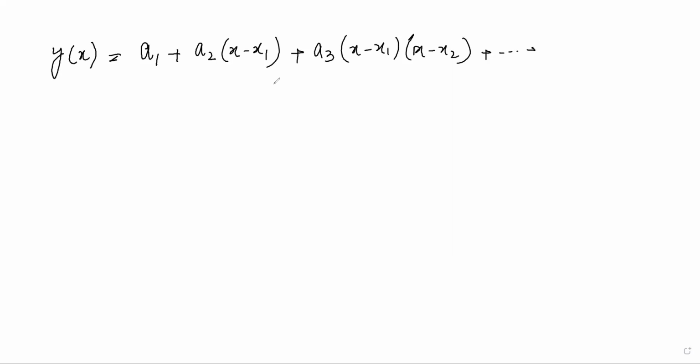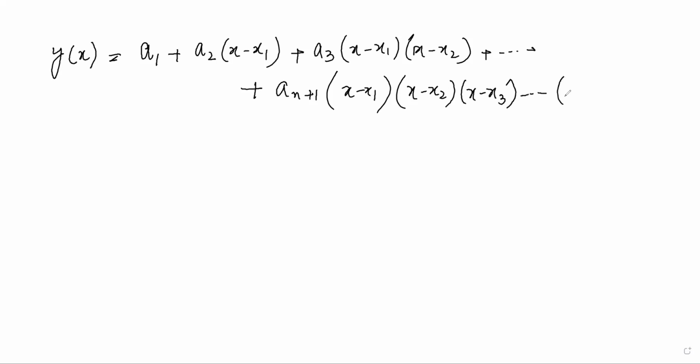Last term is, let me write it here, plus a_(n+1) into (x minus x1) into (x minus x2) into (x minus x3), so on in product into (x minus xn). Okay, so this is how it works.